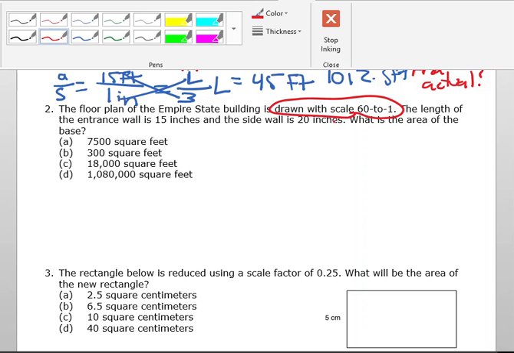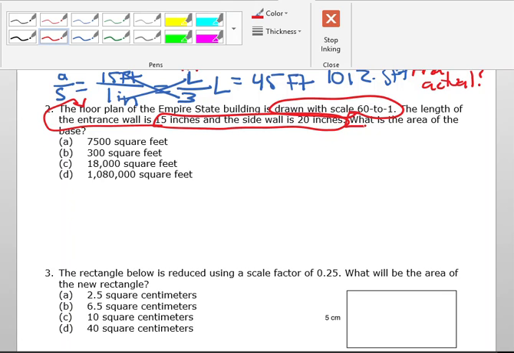That means for every 1 unit of measurement on the drawing, the actual is 60 times larger. So it says here the length of the entrance wall is 15 inches and the side of the wall is 20 inches. I don't love the wording of this, but they're talking about the floor plan here, okay?